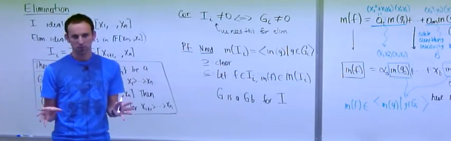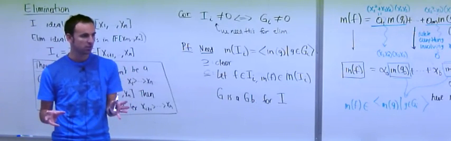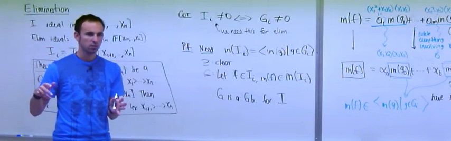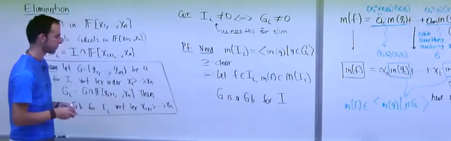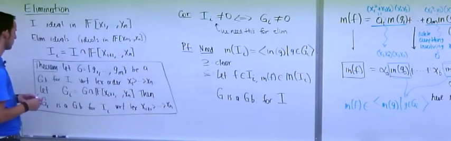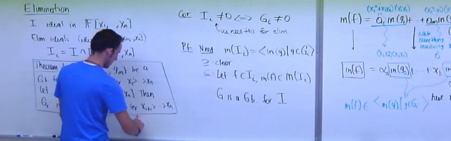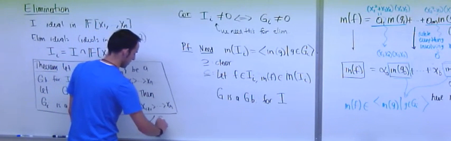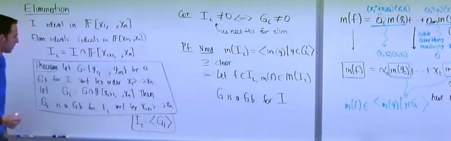But then I told you that to check a Gröbner basis, you just have to check the second property. If the initial terms generate the initial ideal, then you know for free that the polynomials generate the whole ideal. So in particular here, I_i is generated by g_i. That's right.